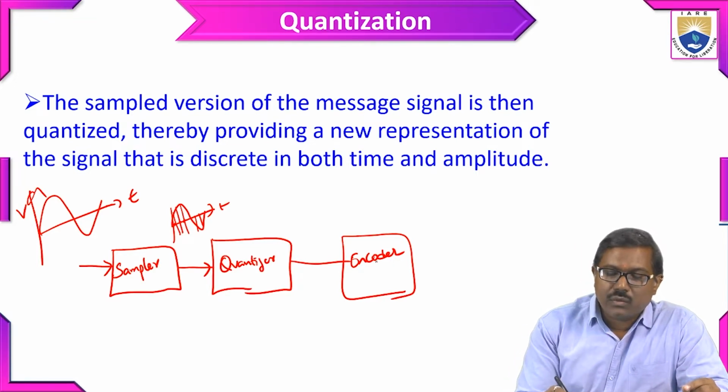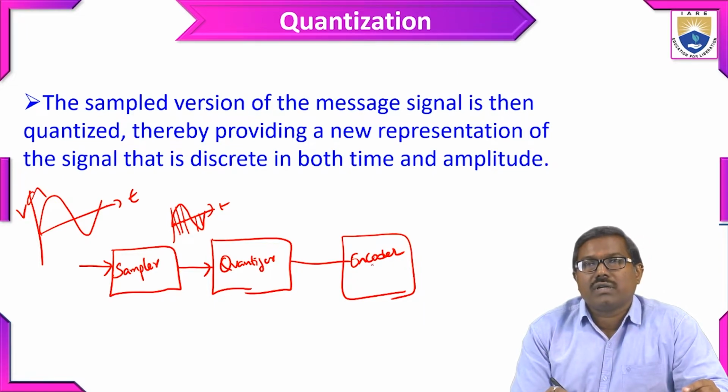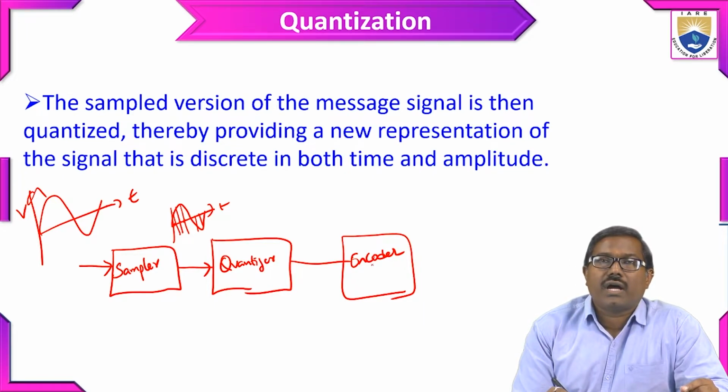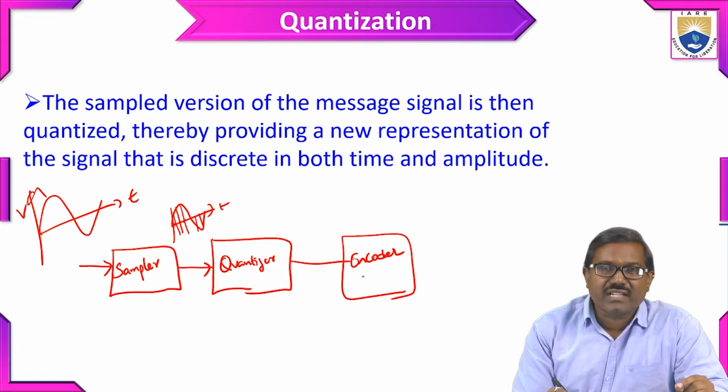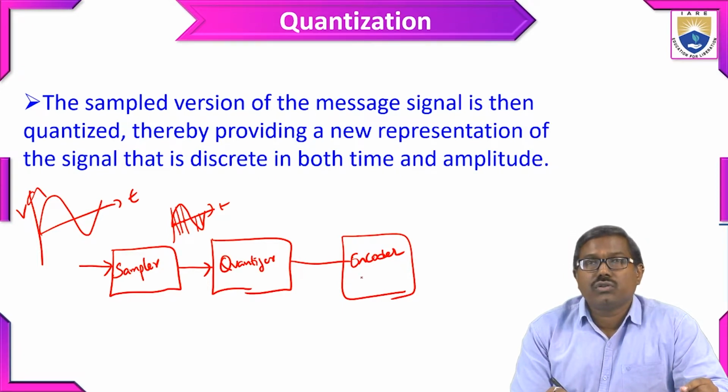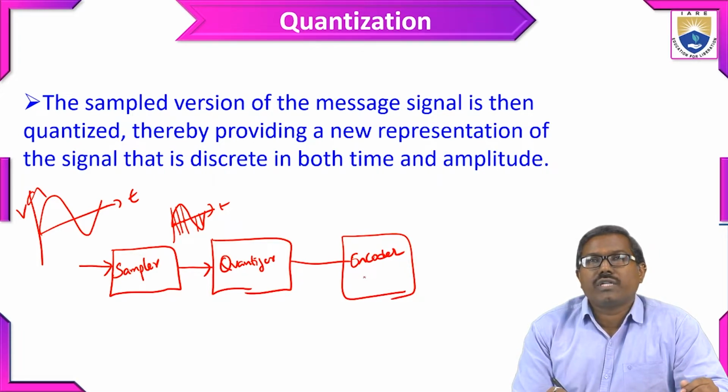When you encode any signal, it must first be in discrete form in both time and amplitude. After sampling, only time is discrete, but the amplitude is continuous. So here we convert that continuous amplitude into discrete amplitude.